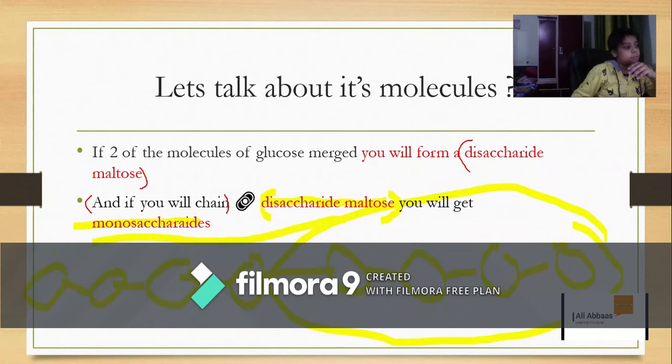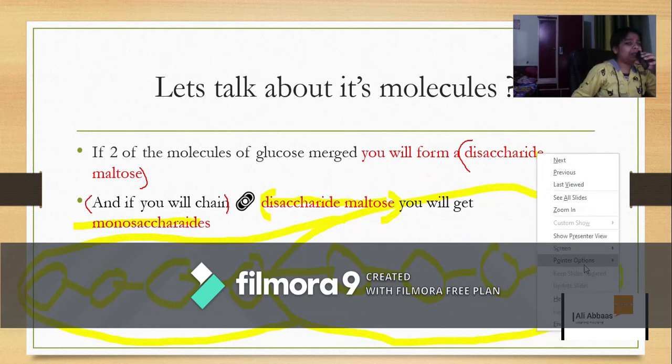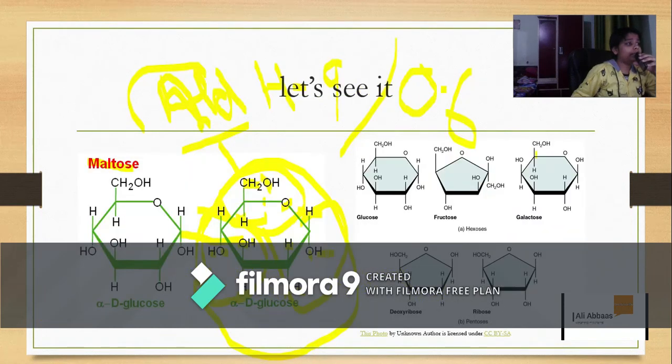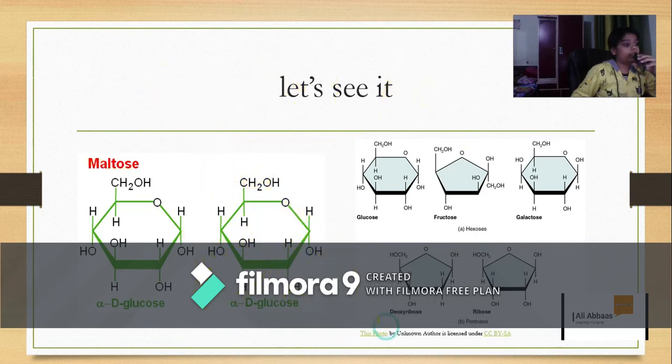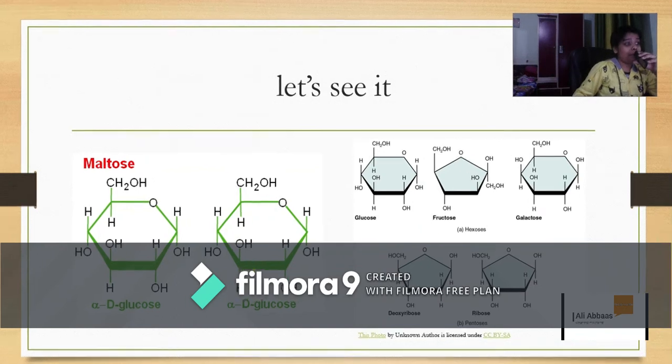This all is a polysaccharide. You get glucose mostly in the form of polysaccharide. Mashed potatoes are an example of polysaccharides. This all is a form of polysaccharide.